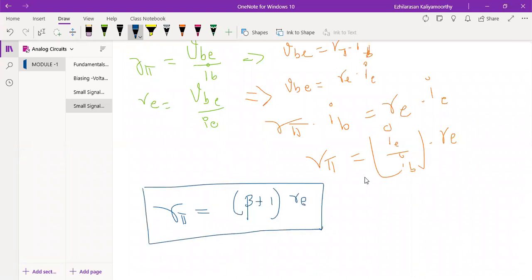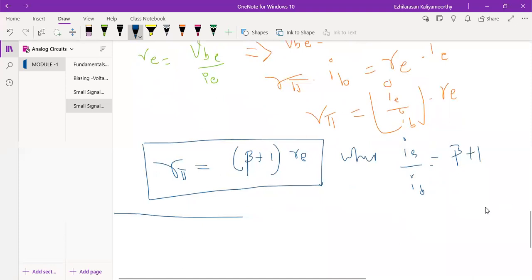This is a relation where the ratio of the emitter current to the base current, IE by IB, is equal to beta plus 1. This relation we know. So this is the relationship between the base resistance and the emitter resistance, that is R pi and RE. We can combine both things and get the formula to calculate R pi.